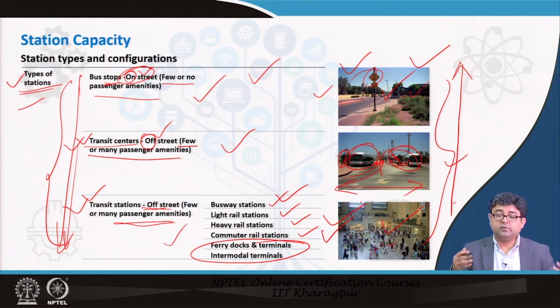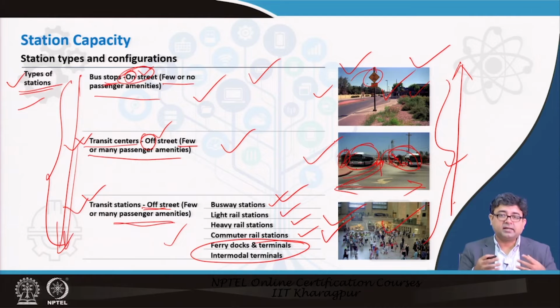transit stations, whereas maybe your town does require at least 2 transit centers, right, one at each end of the line, because now there are multiple lines that are operating. So, they may need some time to change from one line to the other line, maybe the bus drivers need some layover time.